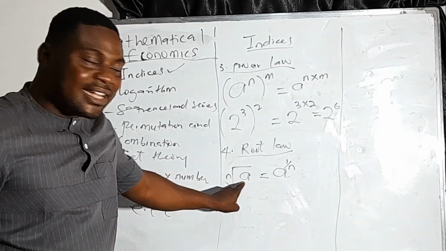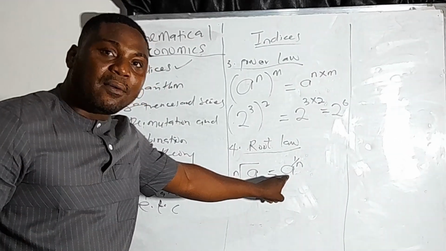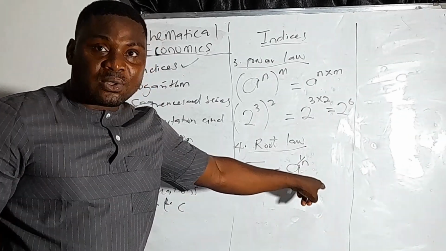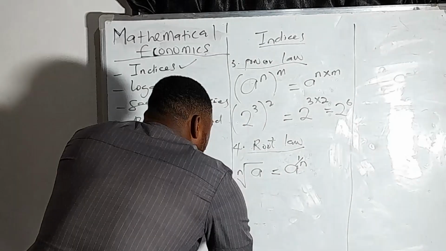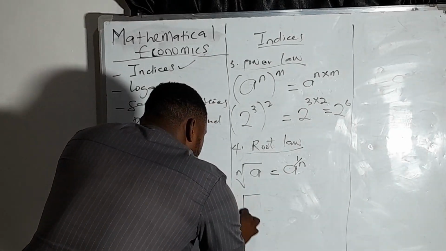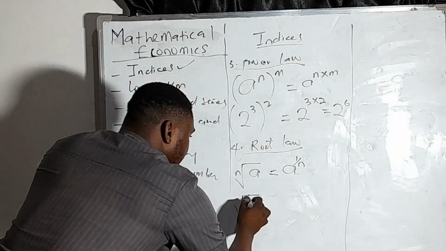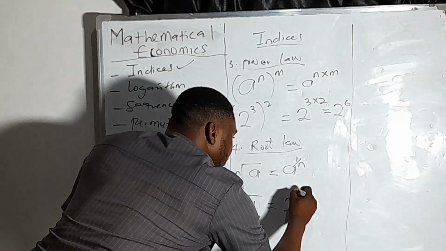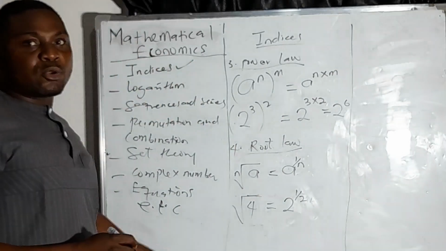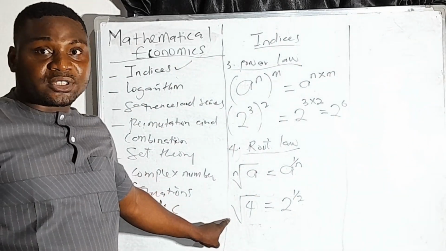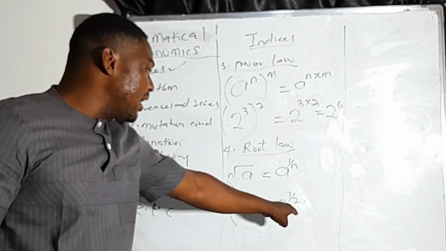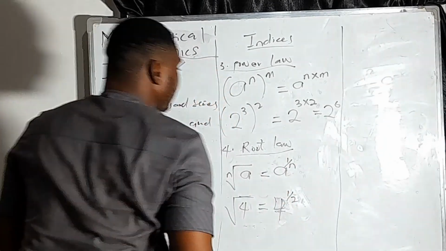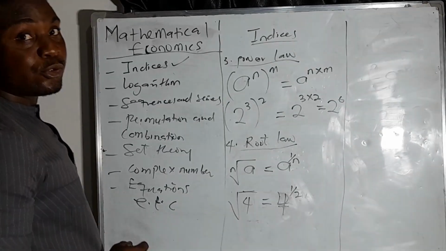The nth root of a is the same thing as a raised to power 1 over n, the reciprocal of n. So if I have the square root of 4, it's the same thing as 4 raised to power 1 over 2, because everybody knows that the root is 1 over 2. That's the root law.